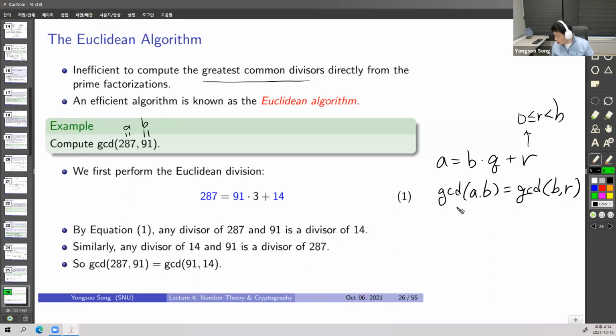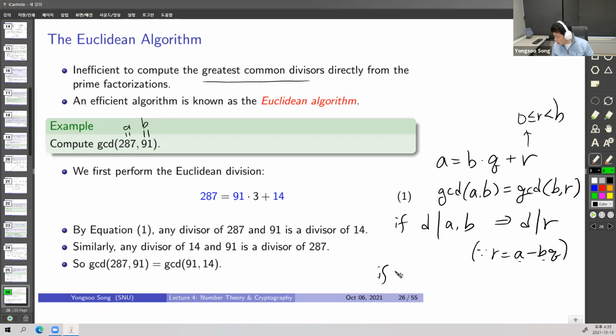So the reason is that if some integer D divides both A and B, then it also divides R. Why? Because R is A minus B times Q. So if A and B are both multiples of D, then their linear combination is also a multiple of D. That was the property of division.